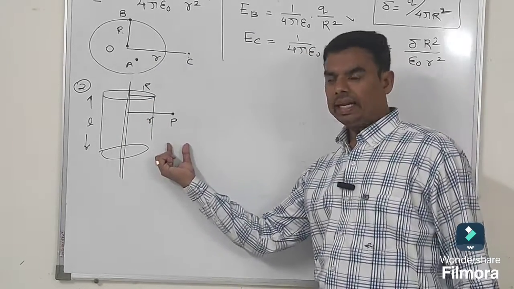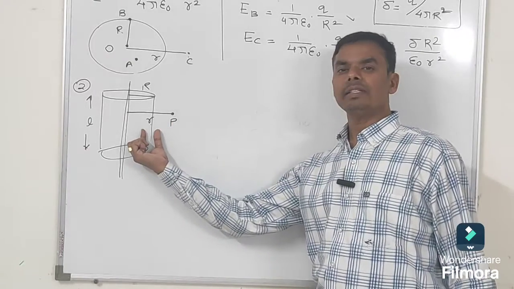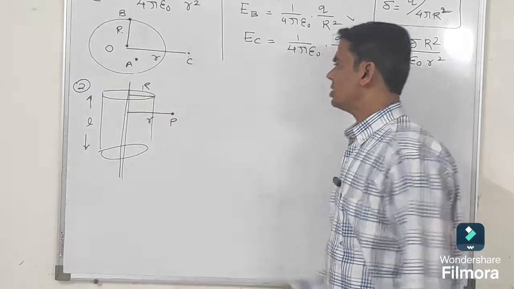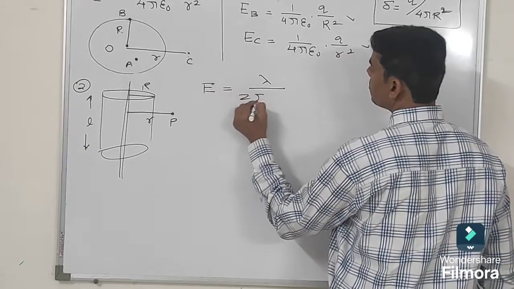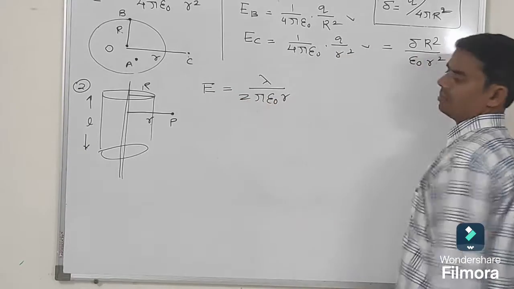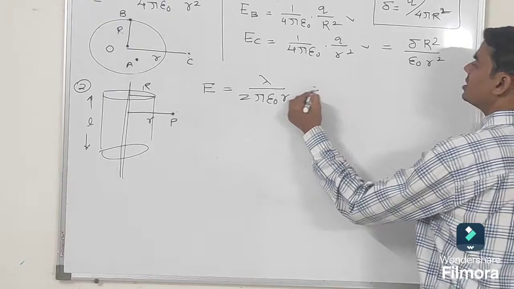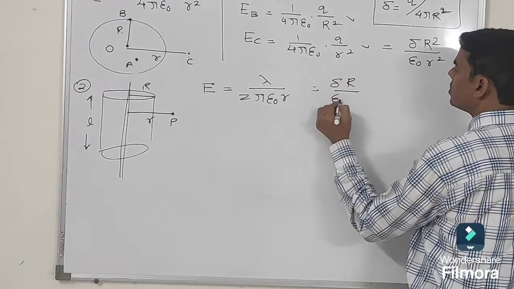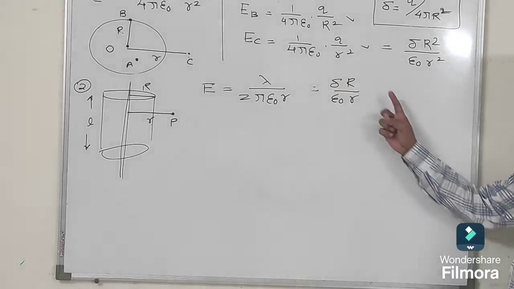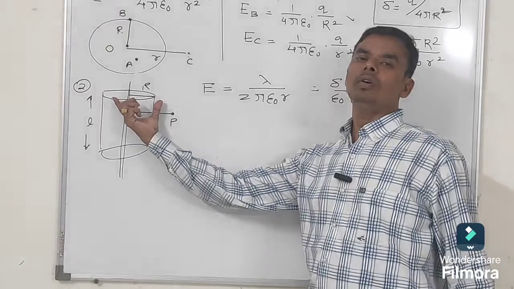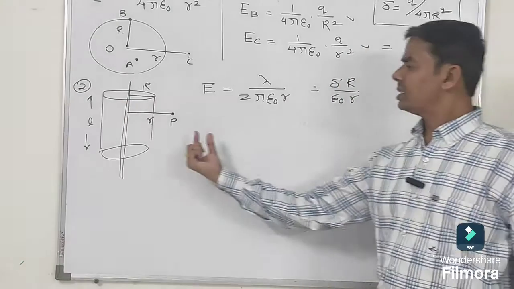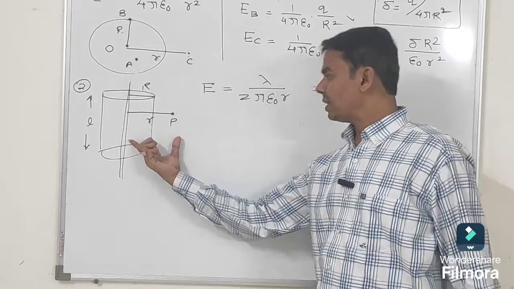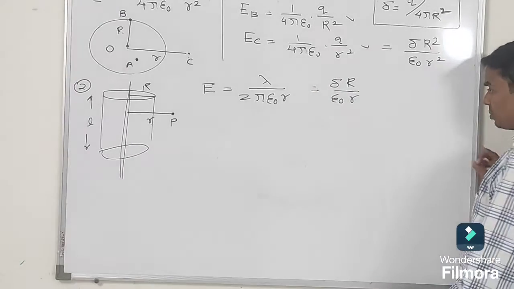Electric intensity is E is equal to lambda upon 2 pi epsilon 0 r, or sigma capital R upon epsilon 0 small r, where capital R is the radius of this particular cylinder, and small r is the distance of the point where we are going to find electric intensity from the axis of the cylinder.